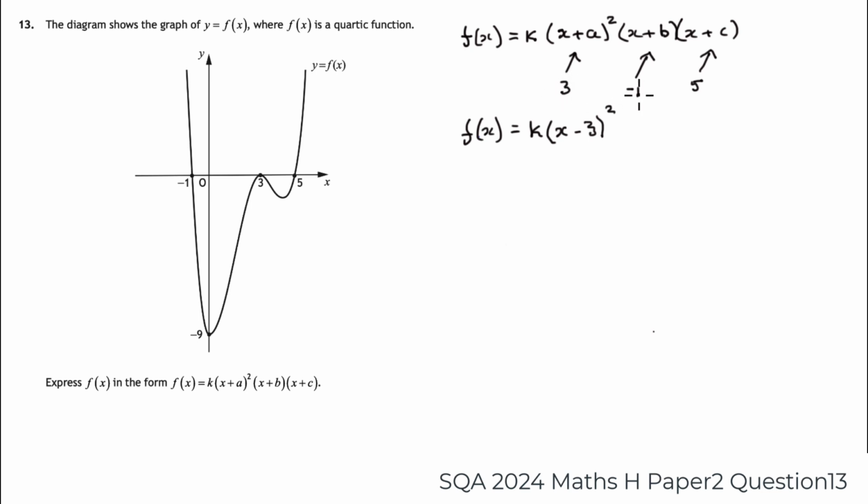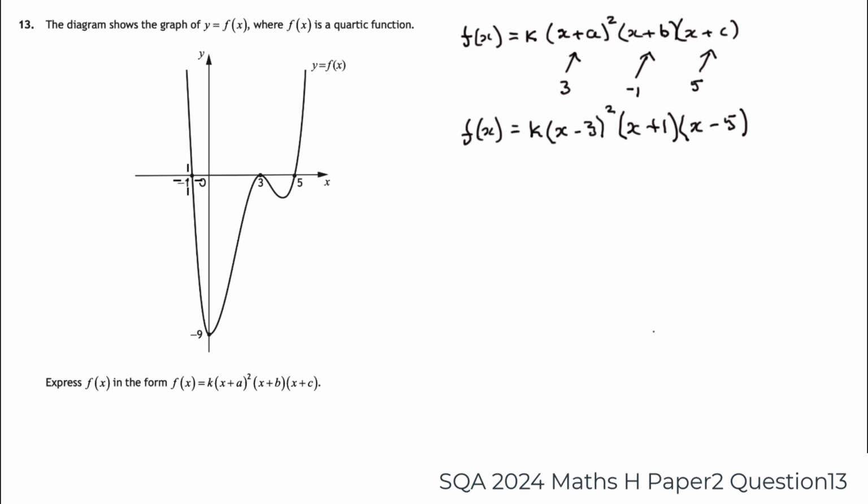Similarly, for a root being -1, we would have x plus 1 in there. When we set x plus 1 equal to 0, out pops -1. And finally, for a root of 5, we would have a factor of x minus 5. When we set x minus 5 equal to 0, out pops +5 as the root. So far so good. The one thing we don't know is this factor k at the beginning.